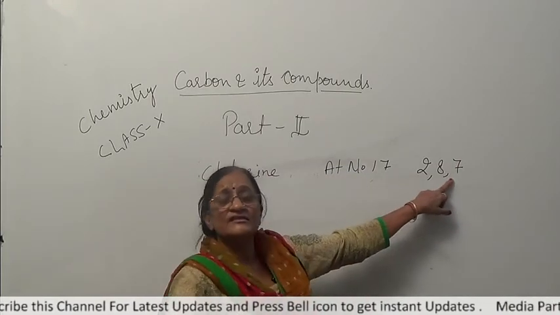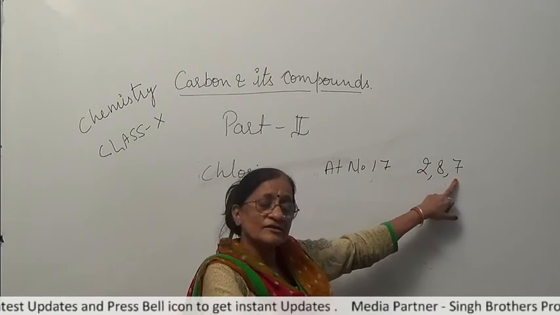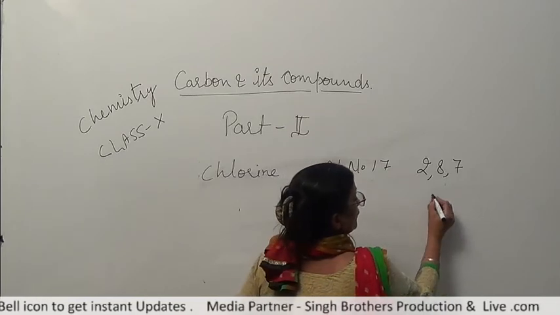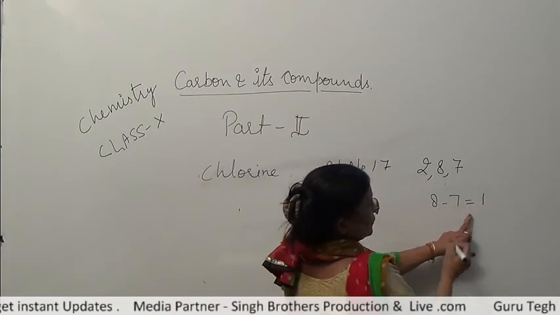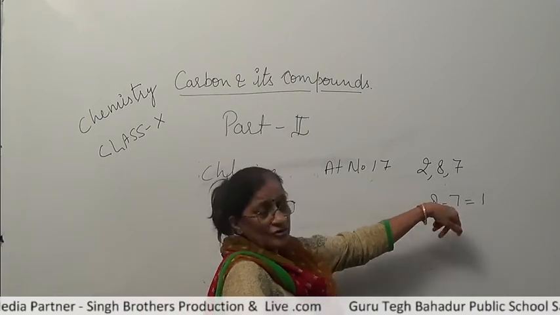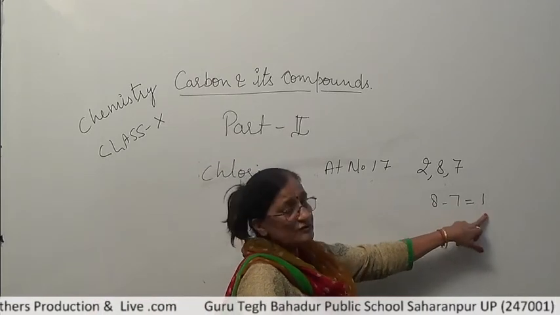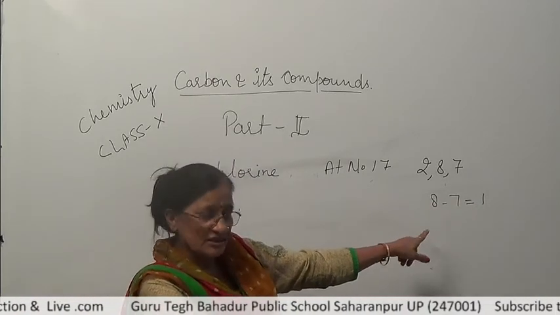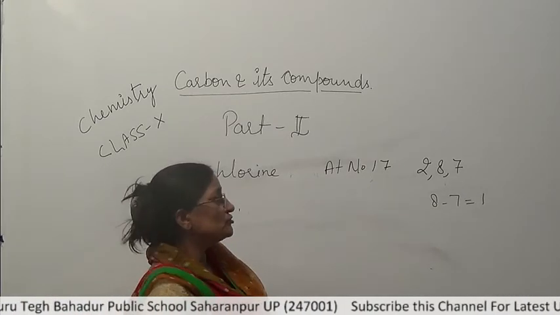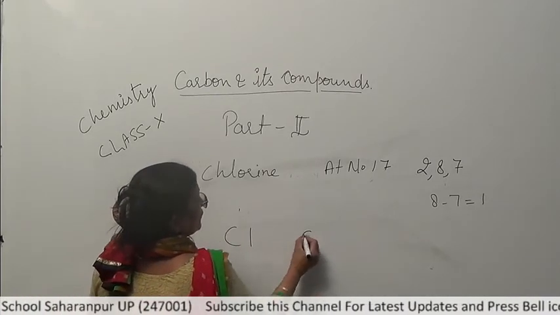It contains 7 electrons in its valence shell, and it requires one more electron, because as we know, when the outermost orbit has 8 electrons, it is stable. So 8 minus 7, 1, its valency is 1, and it requires one more electron to fulfill its outermost orbit.